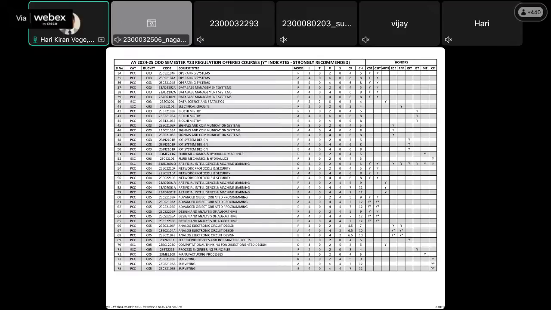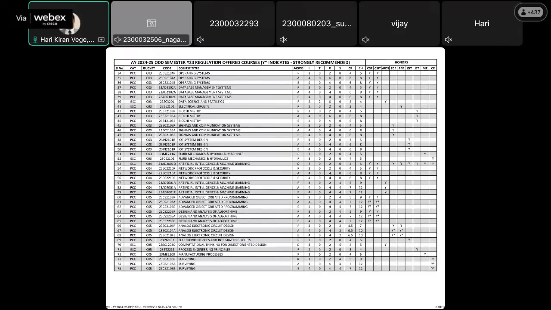You can make sure you follow those recommendations with Y star. So one thing that you should blindly remember is if there is a Y star given to you, pick that course. If there is more than one Y star given to you, make sure you make a choice and pick one of those courses. If there are no Y stars, if there is a Y, pick one of the courses.